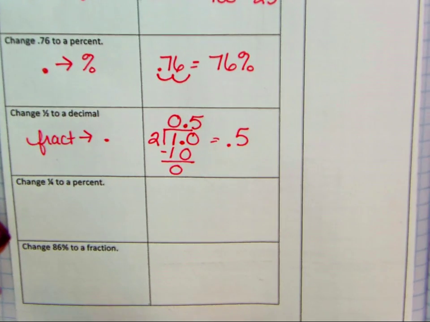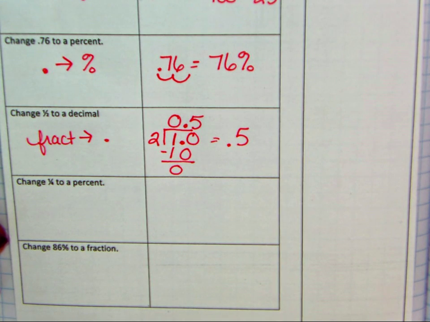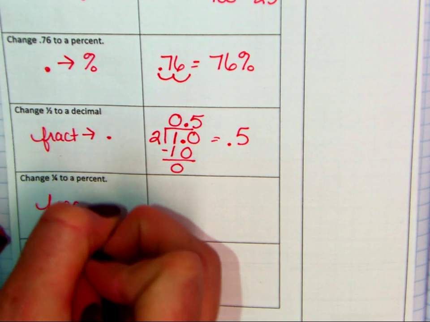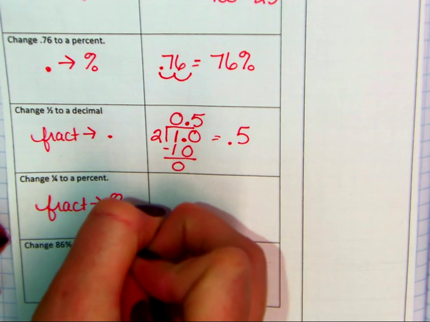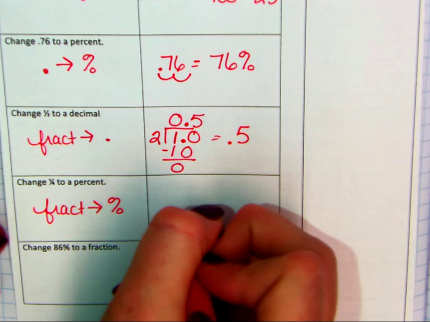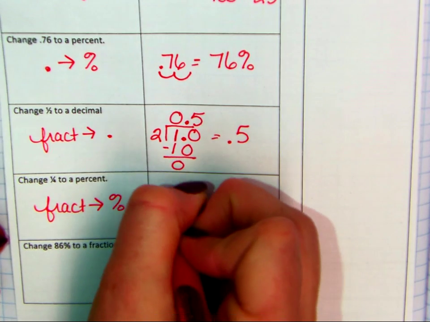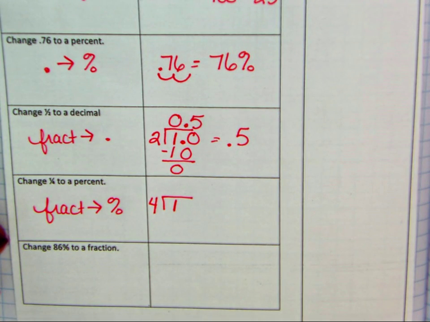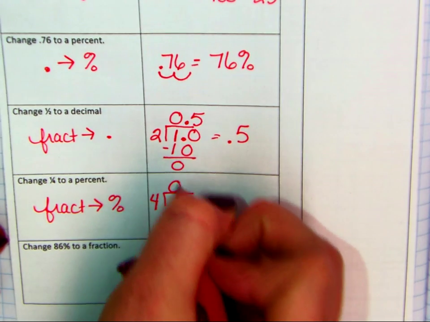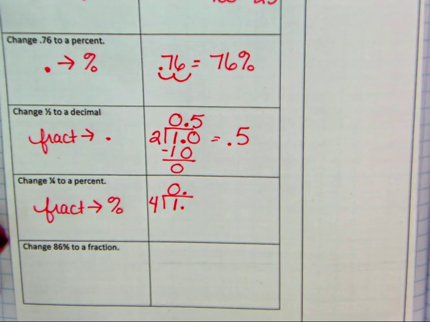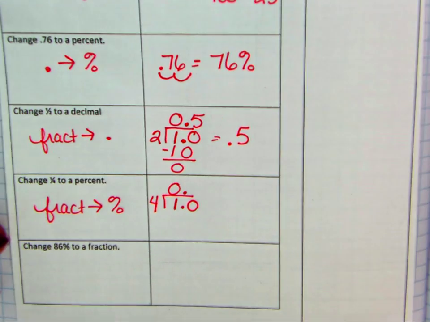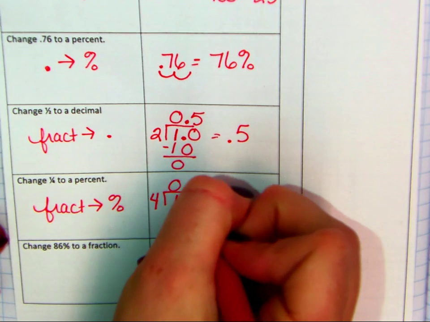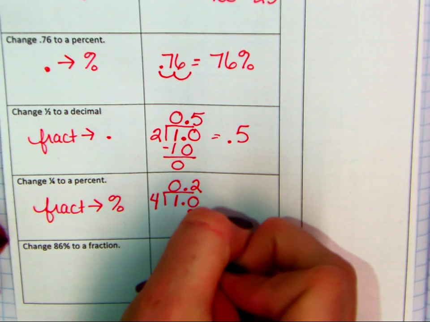Moving on. The next one. Change 1/4 to a percent. So we're going to go fraction to percent. Okay, start off by doing 1 inside the house, 4 on the outside because we have to change it first to a decimal. 4 does not go into 1, so we're going to add our decimal places and add our 0. 4 can go into 10 2 times. 2 times 4 is 8.